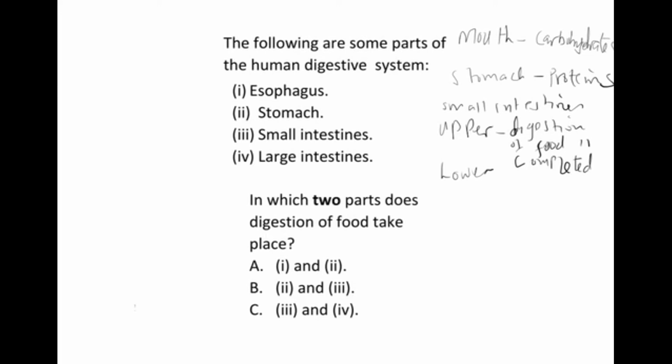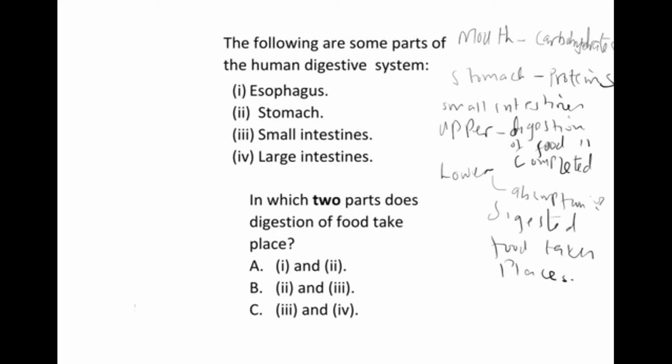Since we say now the digestion of food starts in the mouth and ends in the small intestine. In the lower part of the small intestine, this is where absorption of digested food takes place to the bloodstream.